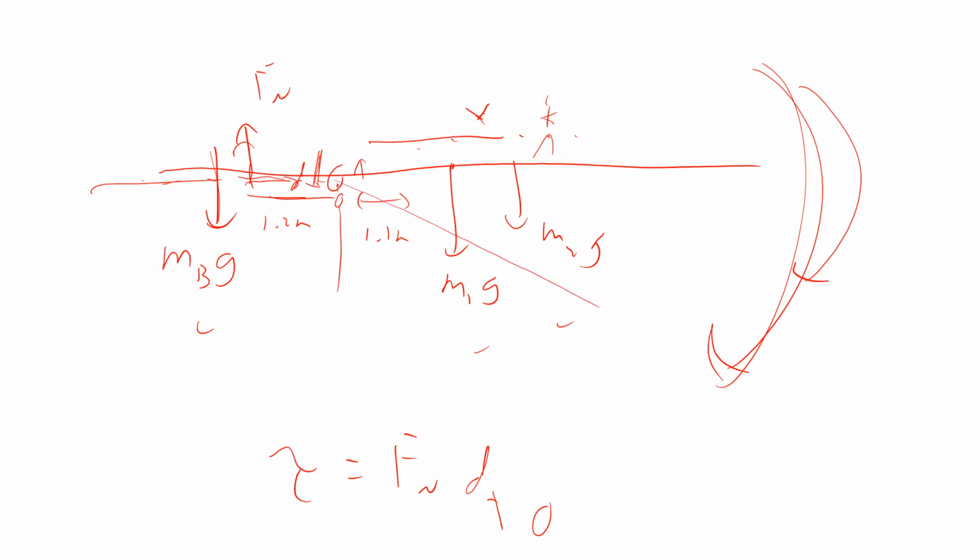As this starts rotating upwards right here, this force is now less of a distance over, and so it actually has less of an effect. This starts to try to slide down, which makes it even less of a distance, and eventually things go crashing down right here. Okay.